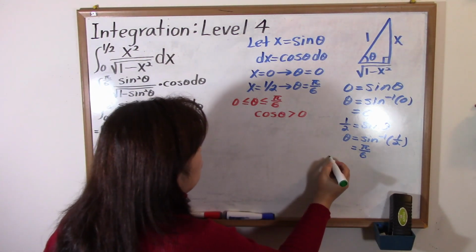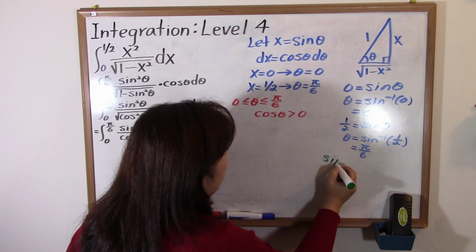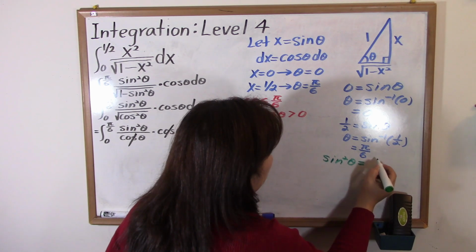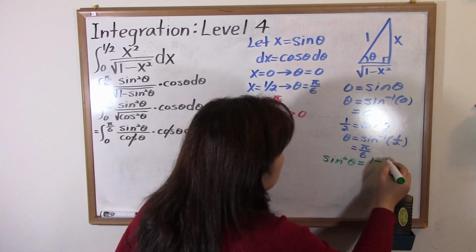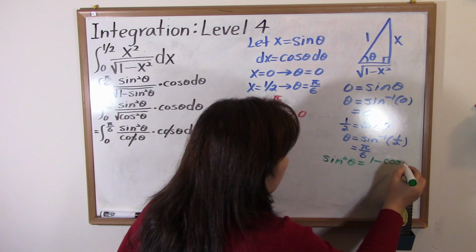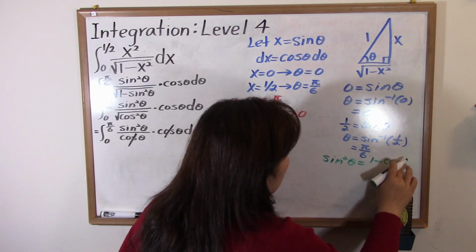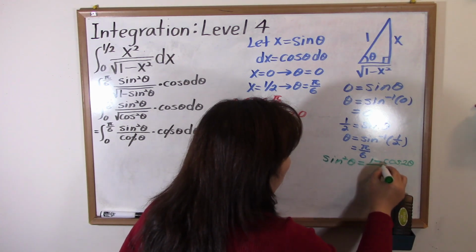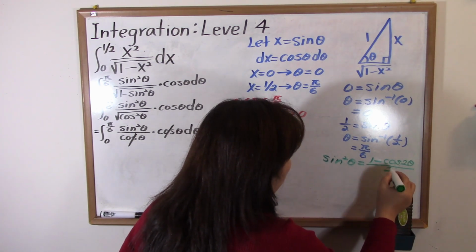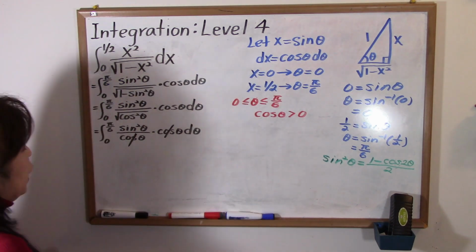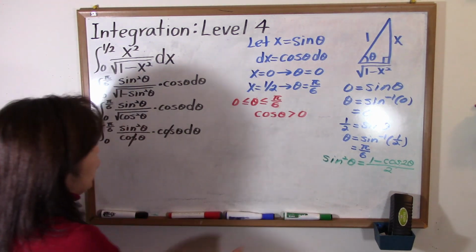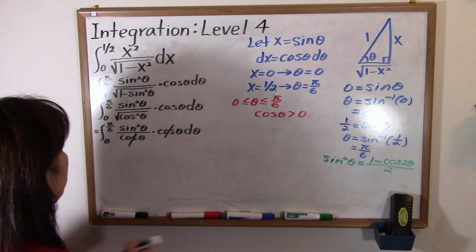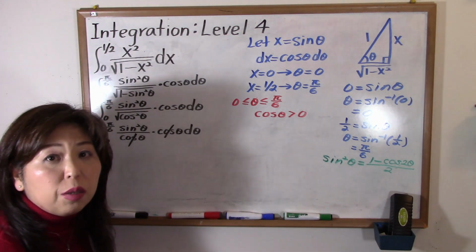Let's change sine squared theta to 1 minus cosine 2 theta all over 2, because the calculation is going to be easy.